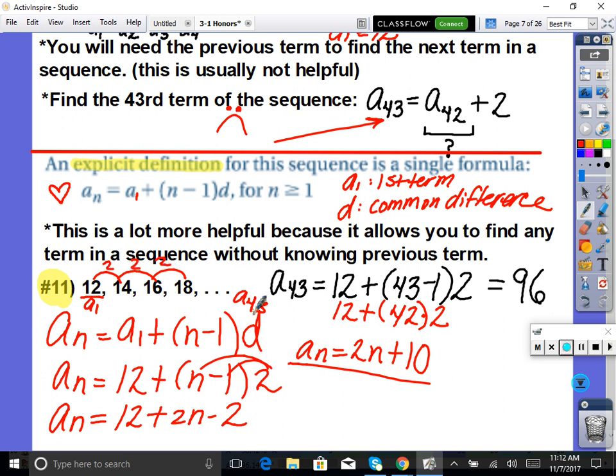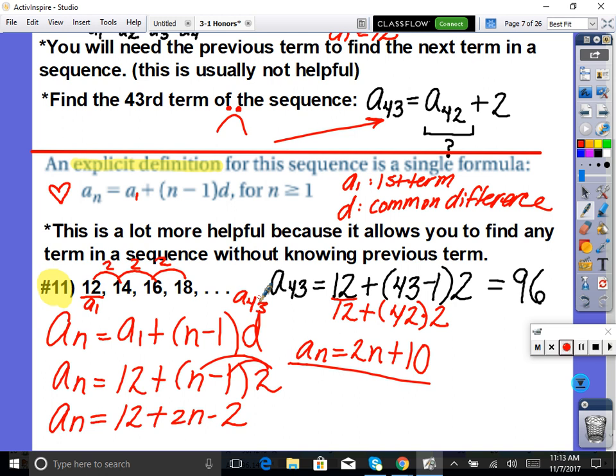We're going to have to add 2 how many times? Well, let's think about it. If we start with 12, we're going to be adding 2 42 times. Wouldn't that put me at the 43rd term? If I start at 12, that's a sub 1, and I want to get to a sub 43, won't I have to add 2 42 times?